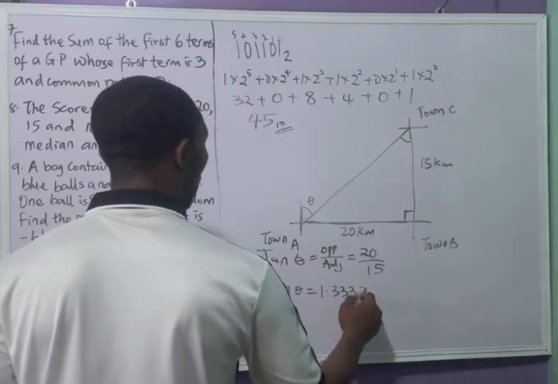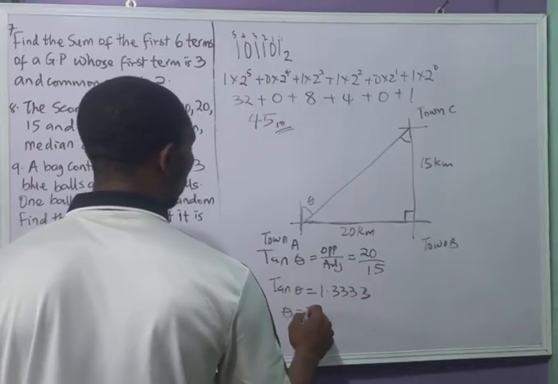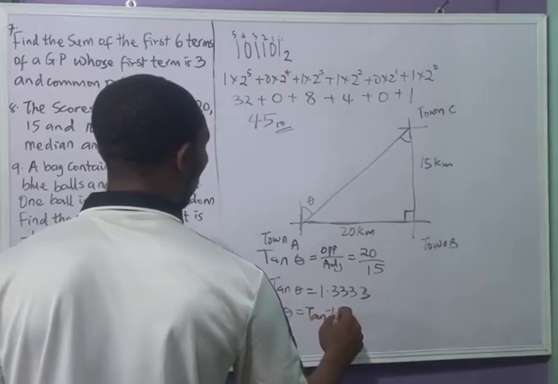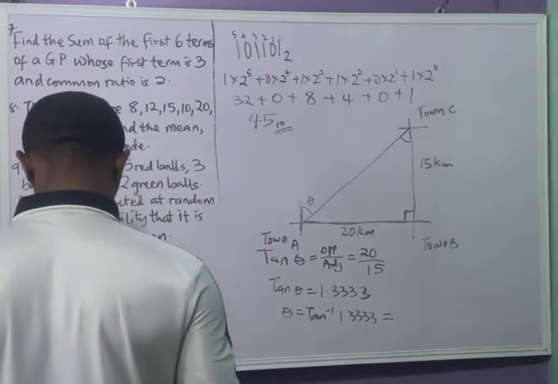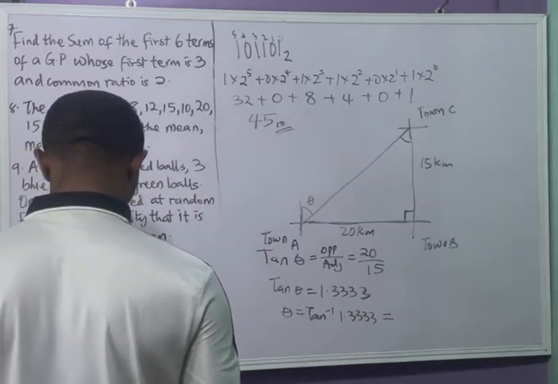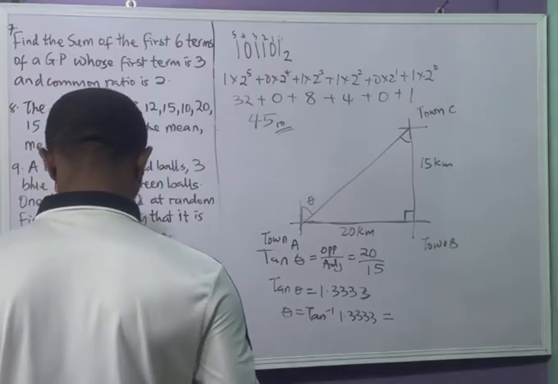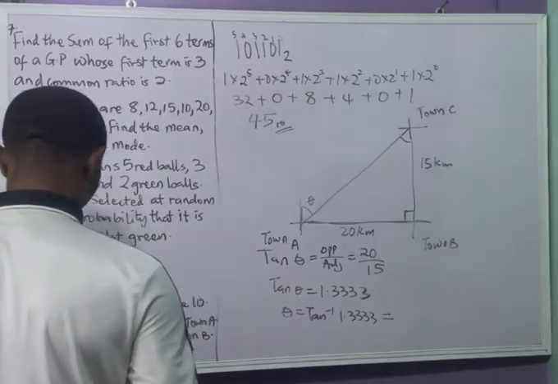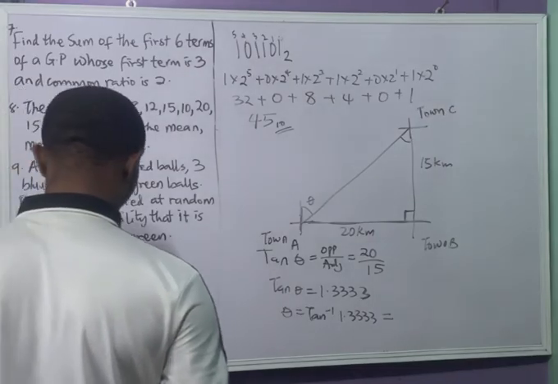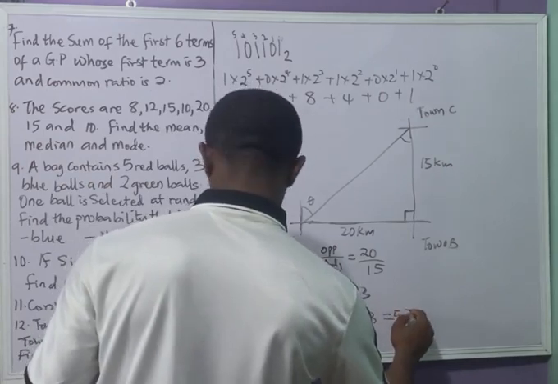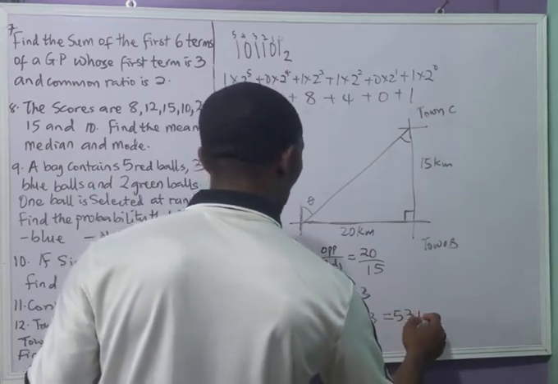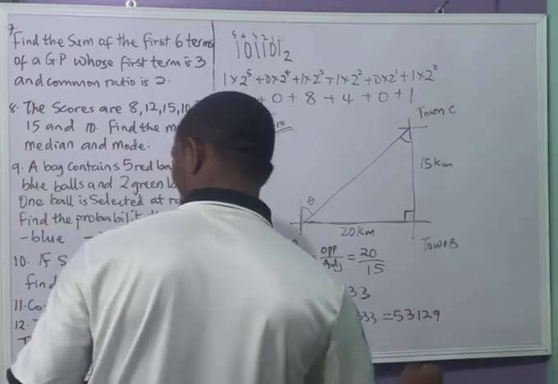So now we look for theta equals tan inverse of 1.333, which gives us 53.129.